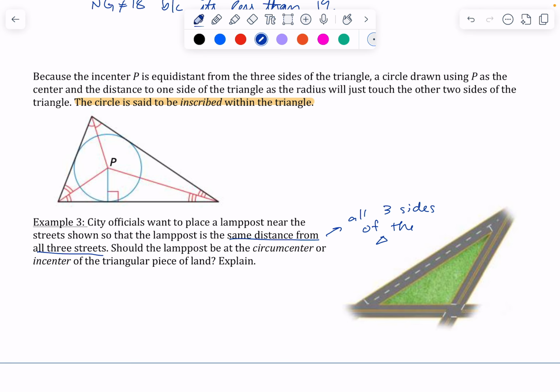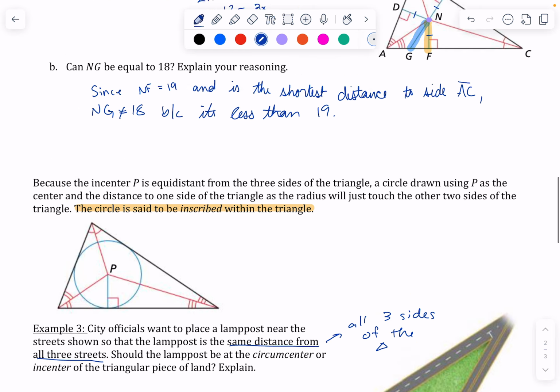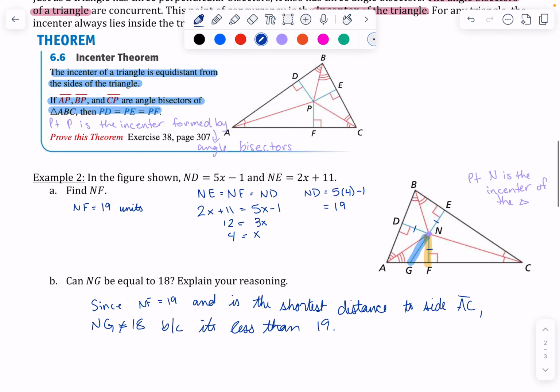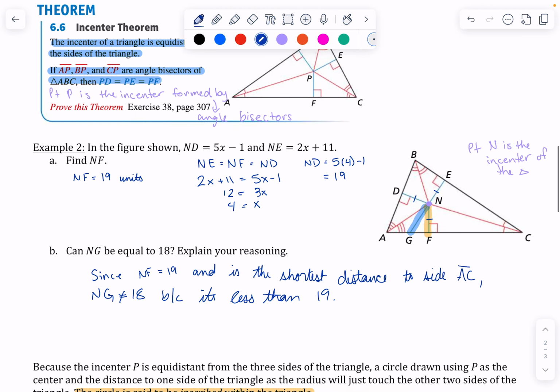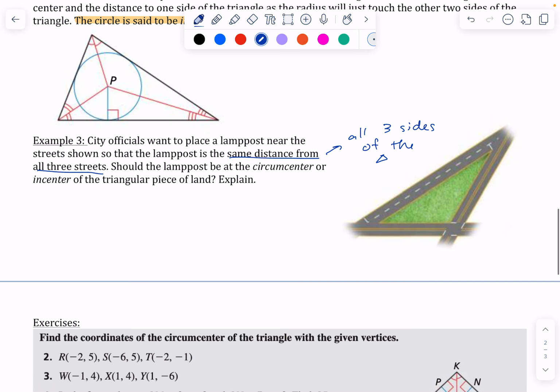Should the lamppost be at the circumcenter or incenter of the triangle piece of land? Explain. Well, if I want the distance to be the same from all three sides of the triangle, I want to use the incenter, not the circumcenter, because the circumcenter is equal in distance to the vertices of the triangle, the angles of the triangle, where the incenter is equidistant to the sides of the triangle.